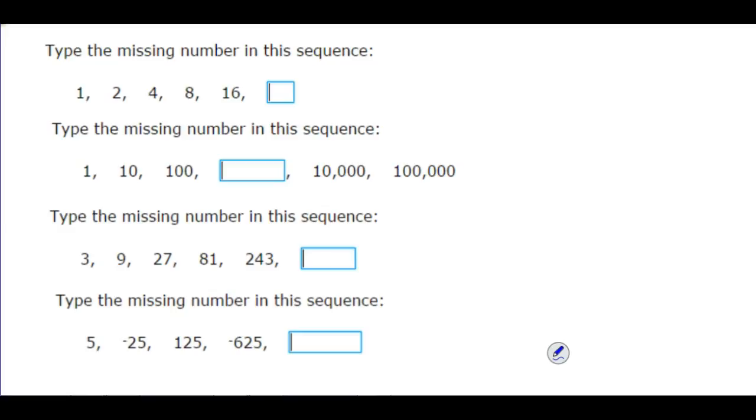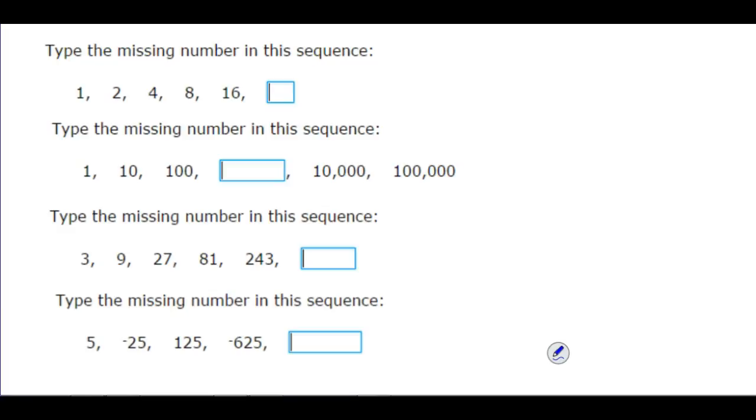Here's another set of sequences. And in this set of sequences, there's a couple of things you can notice that are different about these than the first set of sequences that I have. One of the things you want to look at when you look at a sequence is how quickly the numbers are increasing.